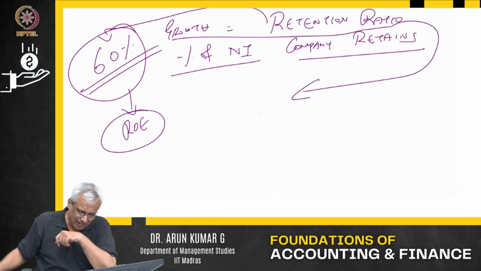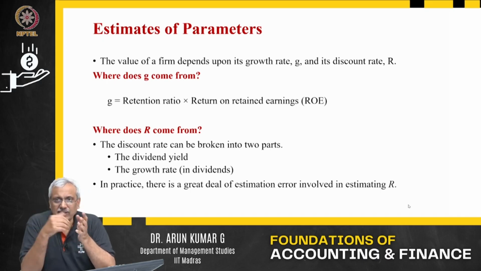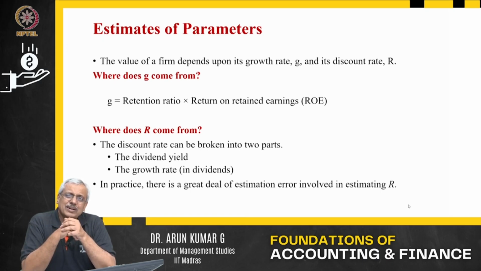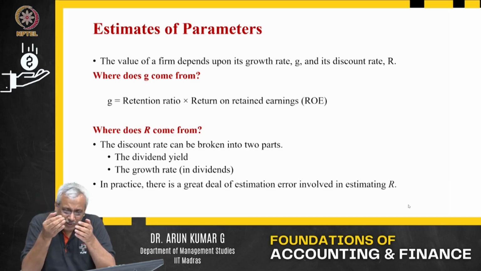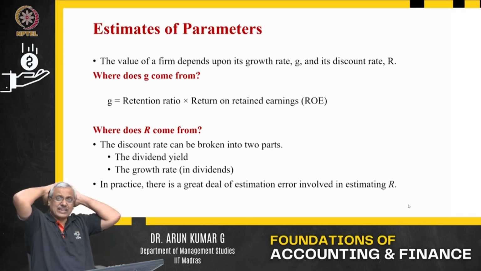Exactly that is what I have described in my slide here. The value of the firm depends on the growth rate and its discount rate, of course. Growth depends on the retention ratio, how much of money you are going to retain within the firm. The profit, how much of it you are going to distribute to the shareholders, how much of it you are reinvesting.